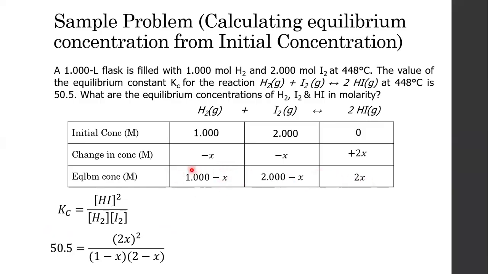However, we have set up the variables we're going to use as substitute for these values. We have 2x quantity squared over 1 minus x times 2 minus x.